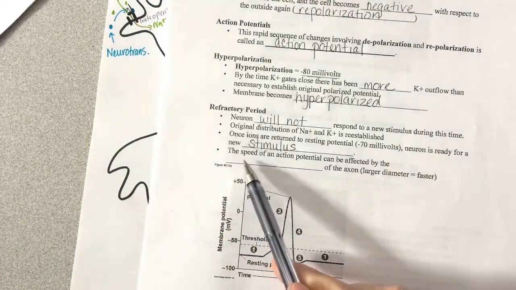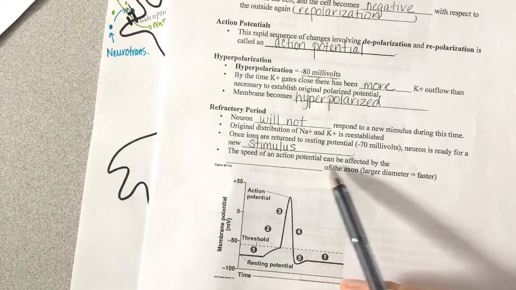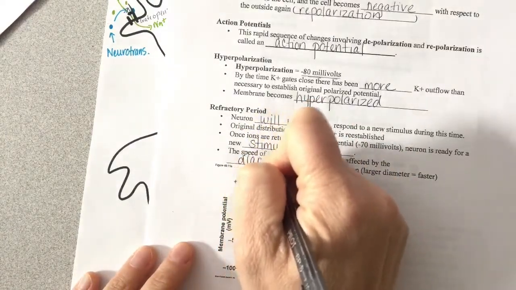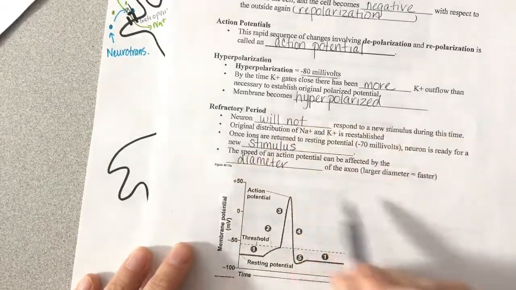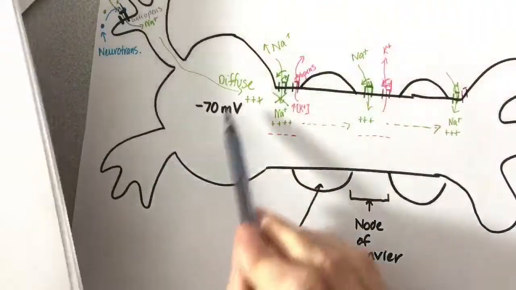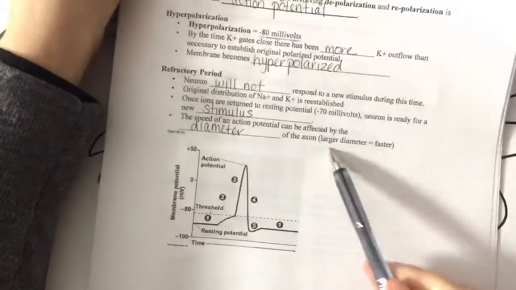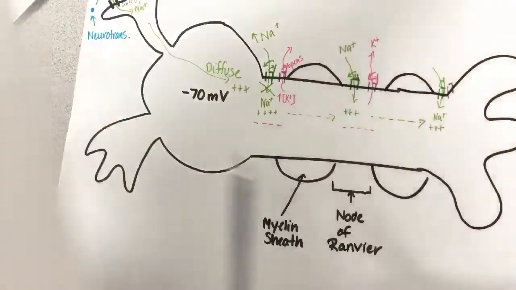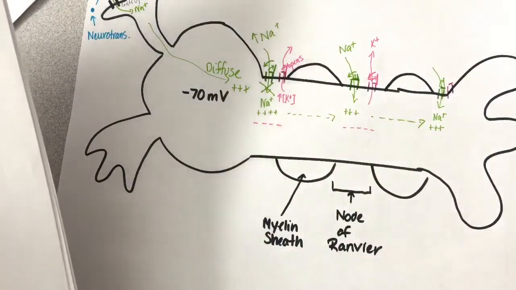And so on. The speed of an action potential can be affected by the diameter of the axon. So how fast that moves down from node to node to node, the larger the diameter they found, the faster the speed at which it moves down the neuron.